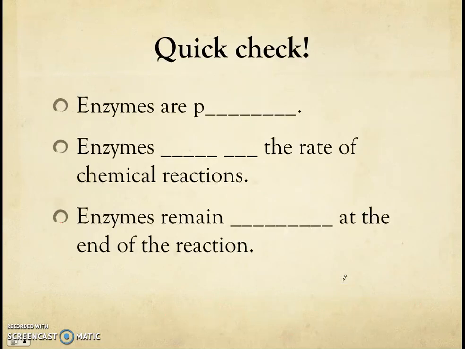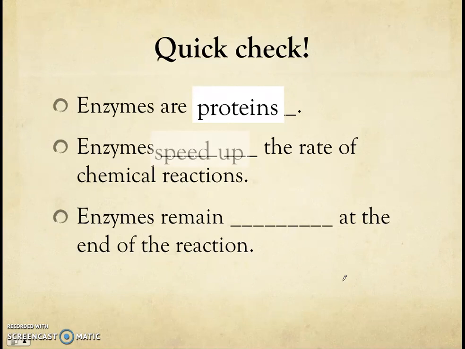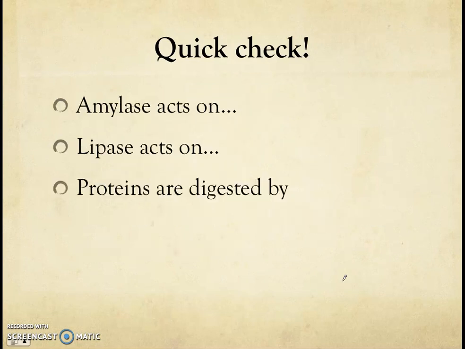Okay, let's end off with a quick check. Firstly, enzymes are proteins. Enzymes speed up the rate of chemical reactions. Enzymes remain unchanged at the end of the reaction. Amylase acts on what?